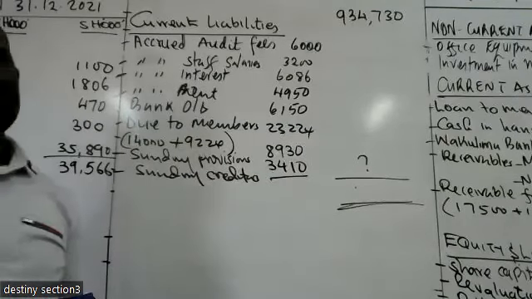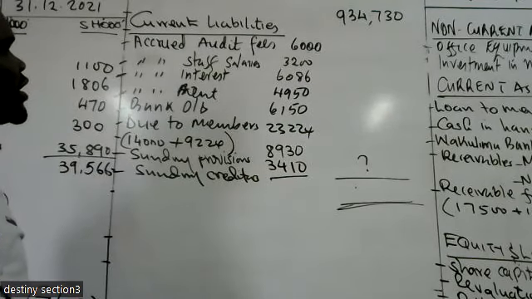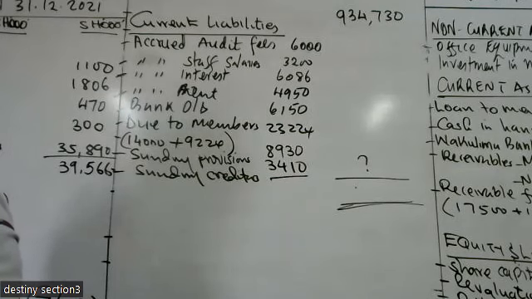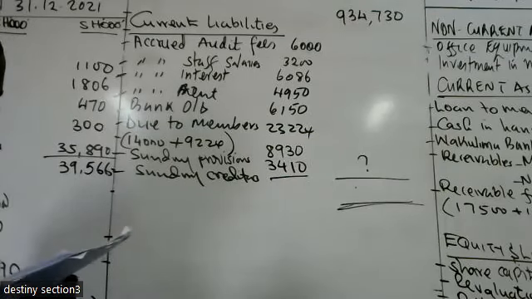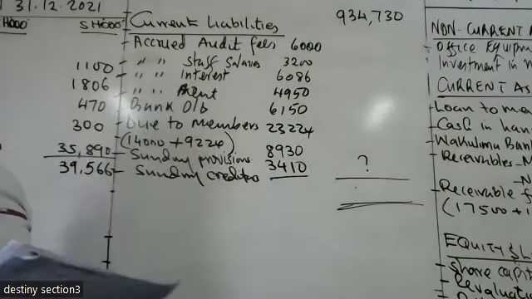We did not capture members' deposits of 64,650. Gladys is saying, capture members' deposits, because members' deposits are a liability. But then we have not captured them.